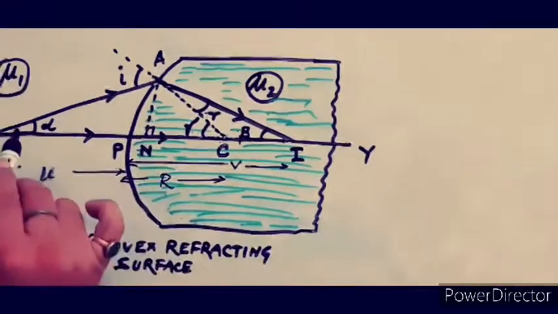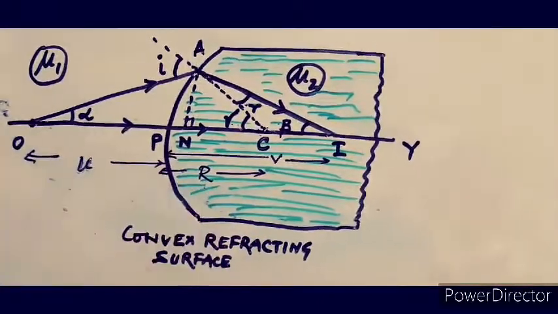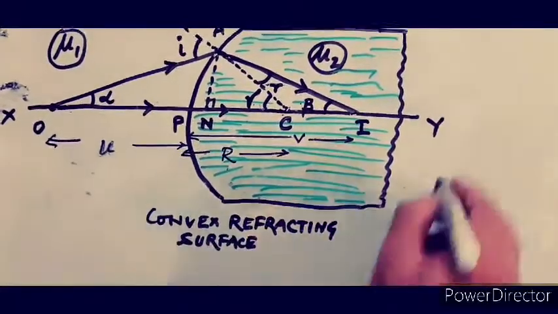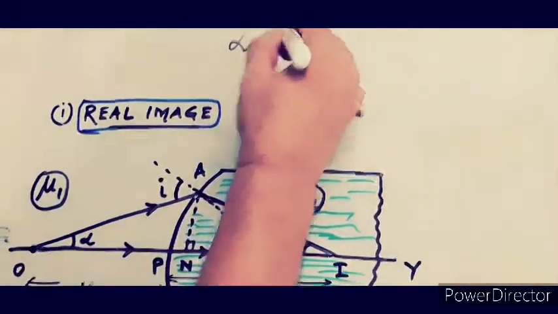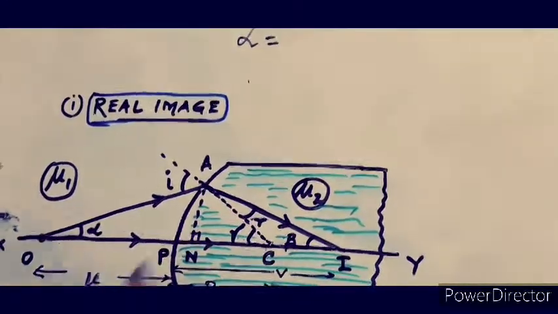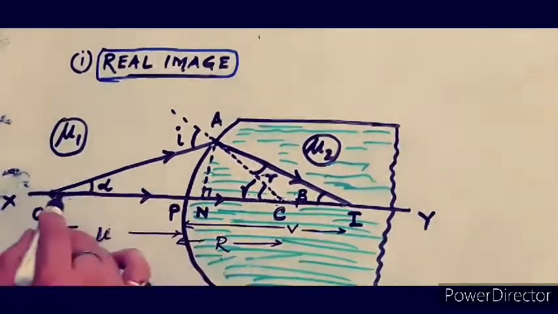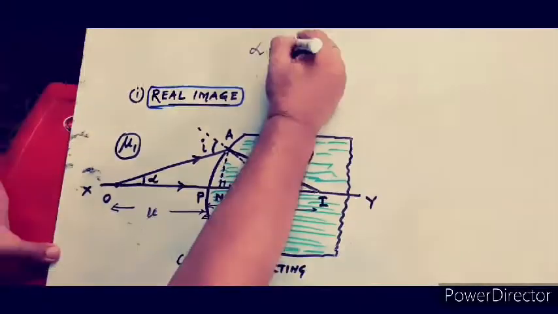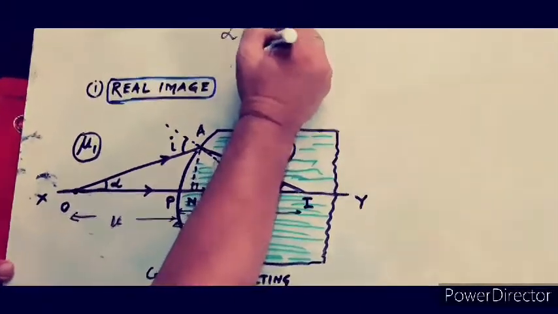Diagram again. We know alpha, beta, gamma are small angles, so we can write alpha is equal to P by B, means alpha is equal to AN by ON. How does it come?